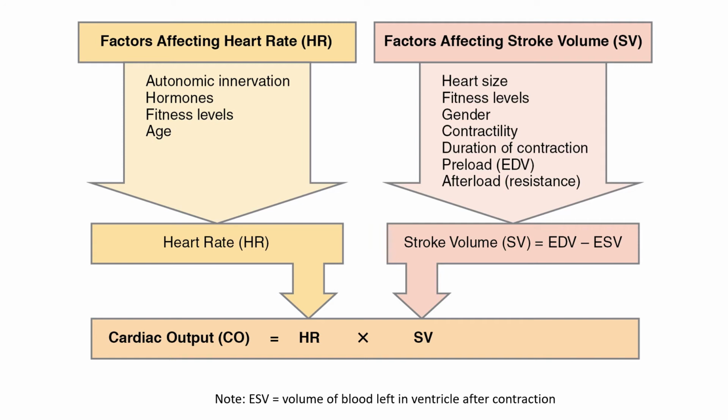If there's lots of resistance, let's say in arterioles, then blood that was pushed into the aorta might not have anywhere to go. It might take a while for it to completely leave the aorta and get to the capillary beds. If there's still quite a lot of blood left in the aorta, when the ventricle contracts again, it's not going to be able to empty completely because it has to push against this blood that's already present just outside the heart.